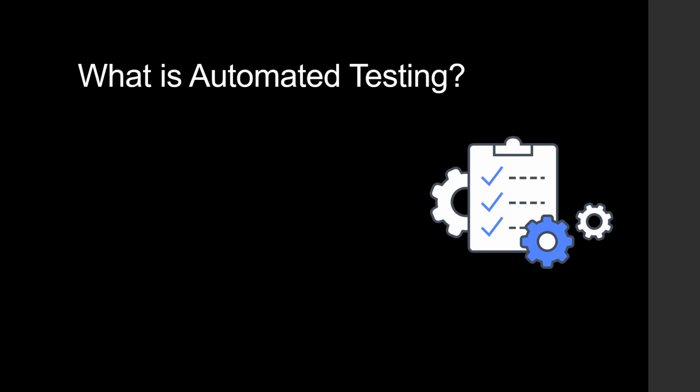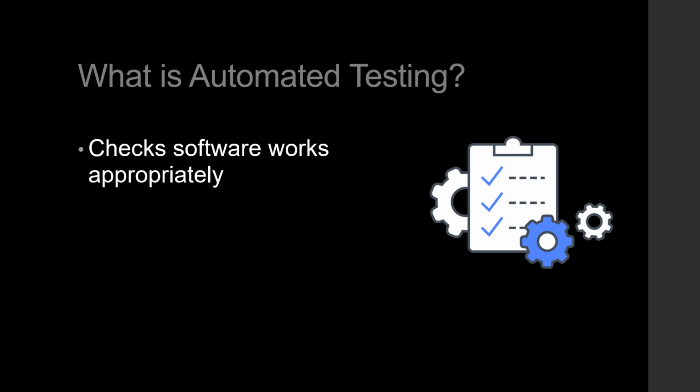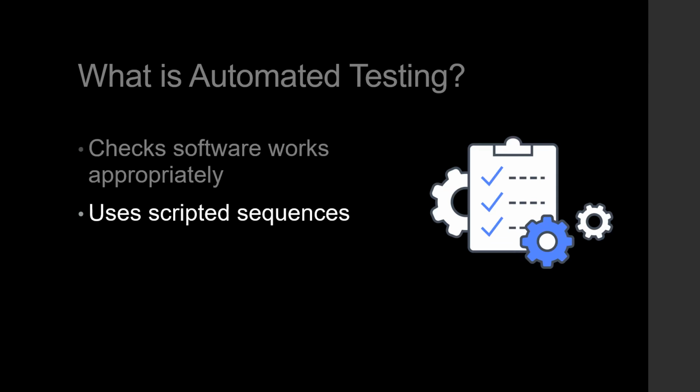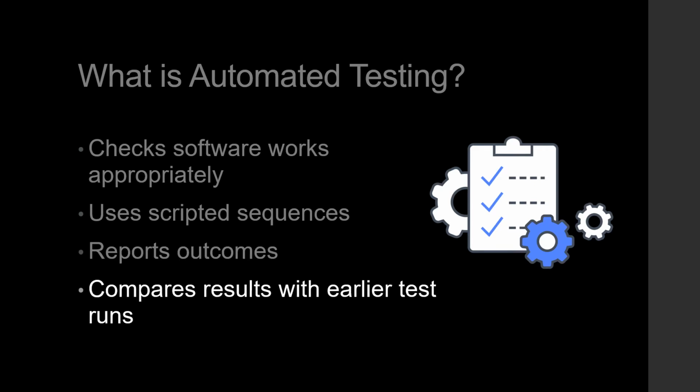What is automated testing? Automated testing is a process that validates if a software works appropriately and meets requirements before it is released into production. This software testing method uses scripted sequences that are executed by testing tools. Automated testing tools execute examinations of the software, report the outcomes, and compare results with earlier test runs.